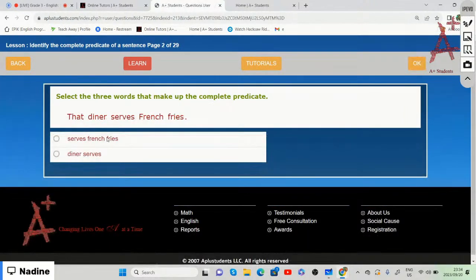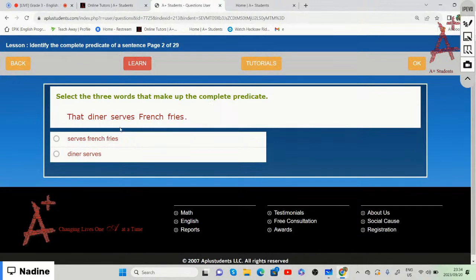That dinner serves French fries. We need to select three words. So that dinner is our subject. Now we need to select the predicate.